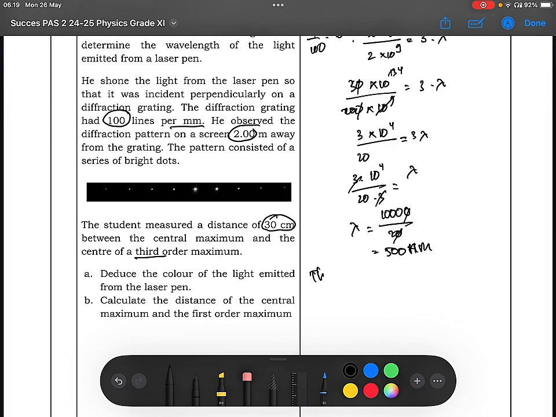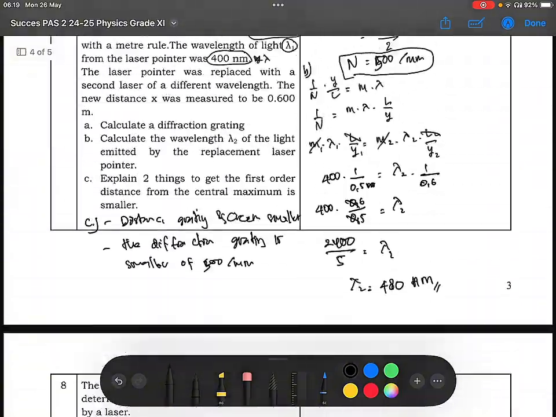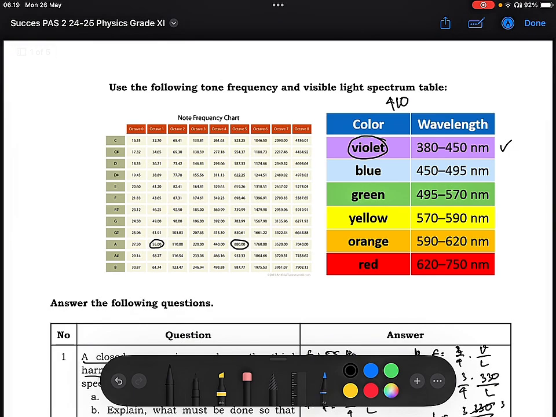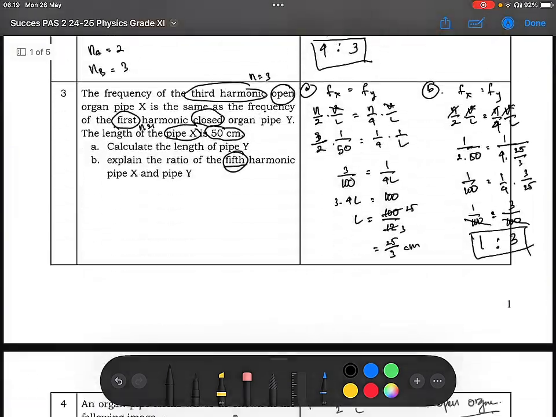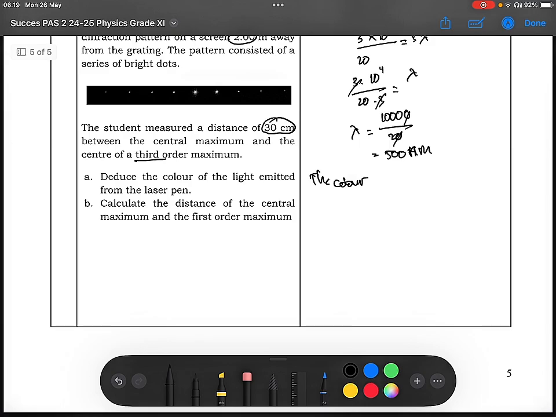For the color, 500, you can find this data. 500 is this one. So the color is green.